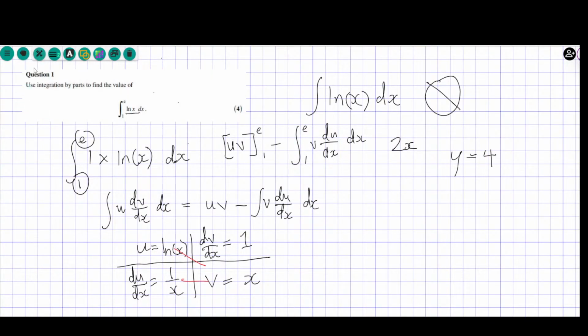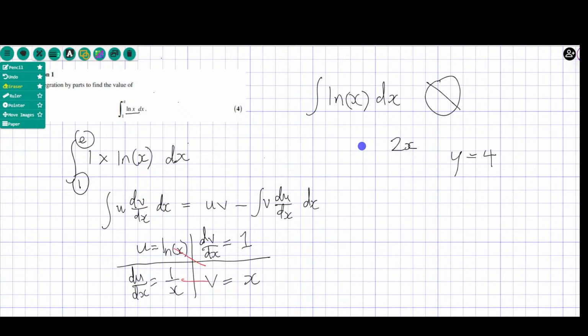So, it's gone funny color. What we're going to do instead is just integrate it using the rule, and once we've found the result, we're just going to plug in the numbers at the end. Let's clear a bit of space here and carry on from the right hand side.